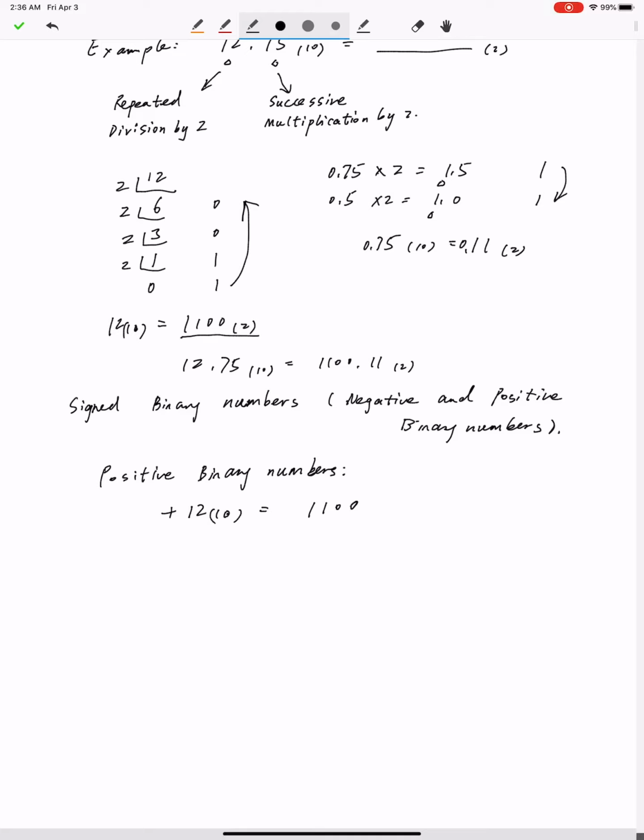And since this is a positive binary number, you just need to add a 0 here in front of a binary number to indicate this is a positive binary number. Okay. So the method to represent a positive binary number is add 0 in front of an unsigned binary number.